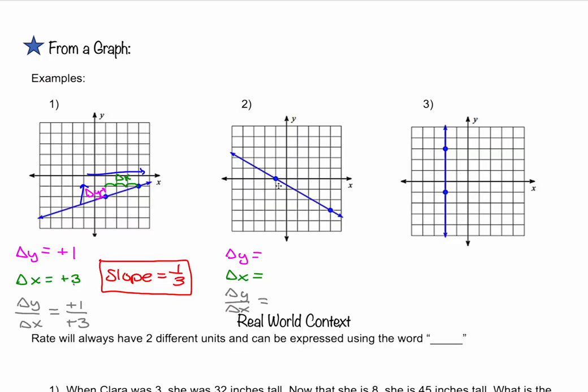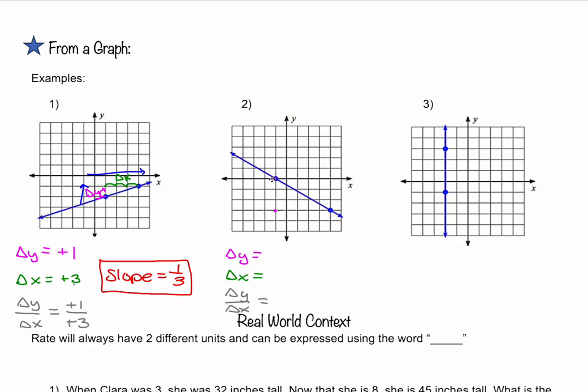I'm just going to stick on the left-hand side because it's the first one. I can use any clean coordinate, but since these are already labeled for me, they're already marked as points, I'm going to utilize these. So I'm going to go from this clean coordinate to the second clean coordinate. In order to do that, I know that I do have to go down. So I will go to this spot because that's where they would intersect if I were to cross them.